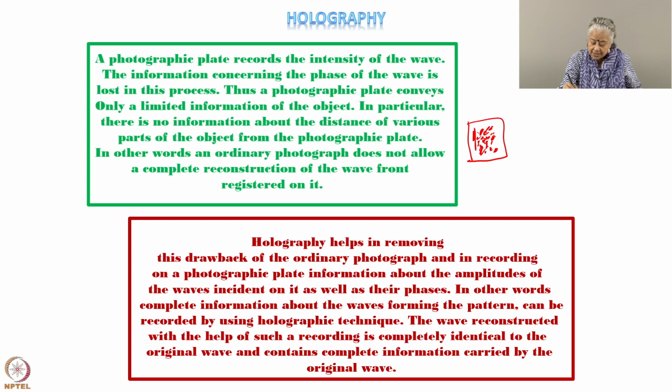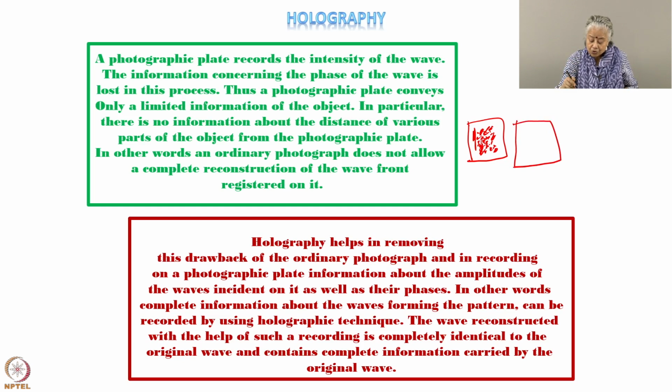Each of those pixels is used, and you make a picture out of that. So, it is only the intensity. There is no phase recorded on this. That is why you do not get that perception of depth in a photograph. But in case of a hologram, you have been able to record even the phase, but how?